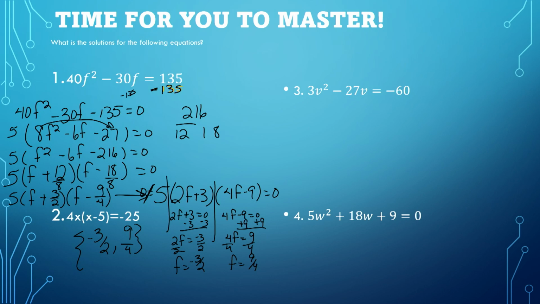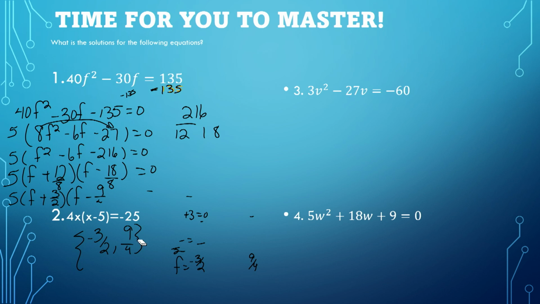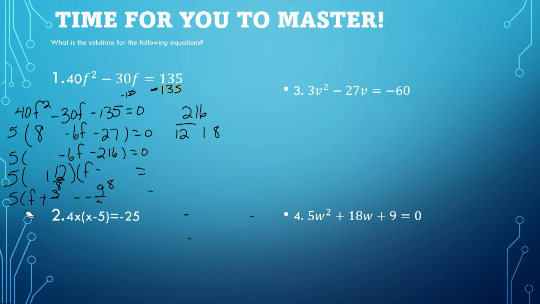All right, I'm going to have to erase this because I need room to work number 2. You would think it'd be easier to erase. All right, so here we go for number 2. So now I'm going to do it in a different color just so we don't get messed up. First thing I'm going to do is multiply this inside.